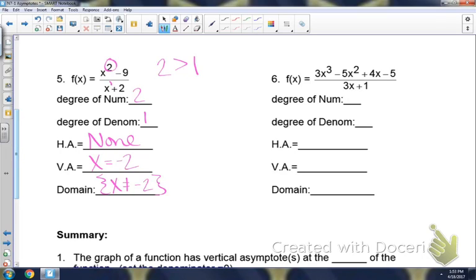Degree of the numerator, it's your highest exponent, which is 3. Degree of the denominator is 1. 3 is greater than 1. If it's greater on top, there's not a horizontal asymptote. Vertical, 3x plus 1. Some would say none, but there is something that would cause that to be 0. Set it equal to 0 and solve.